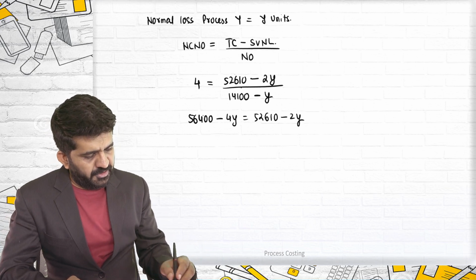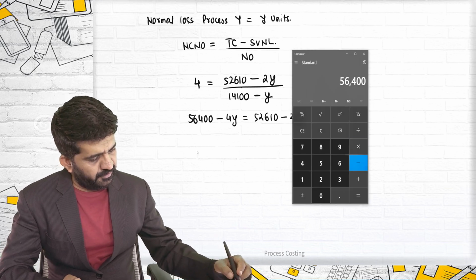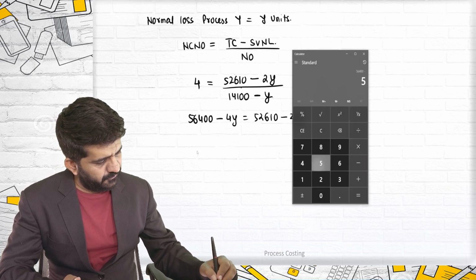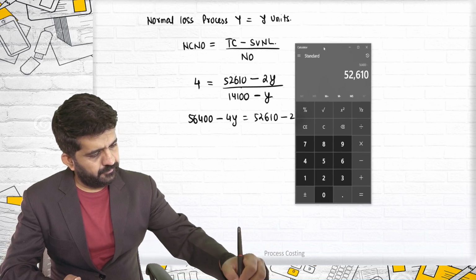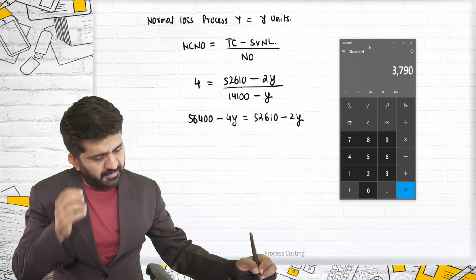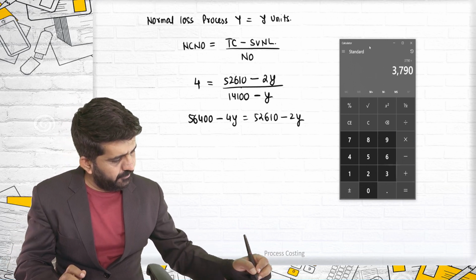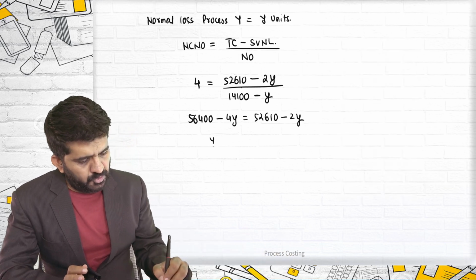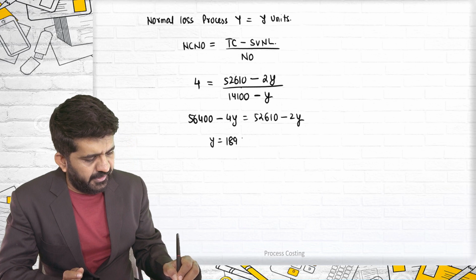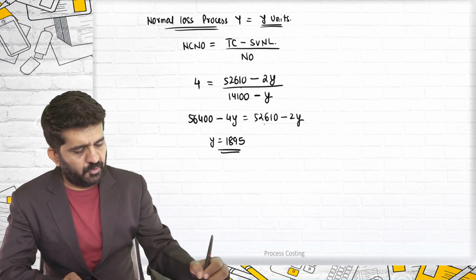This 4y comes over here and this comes over here. 56,400 minus 52,610 will be my left hand side, and the right hand side will be 2y divided by 2. 1895. So y is 1895. And what is y? Normal loss of process Y.